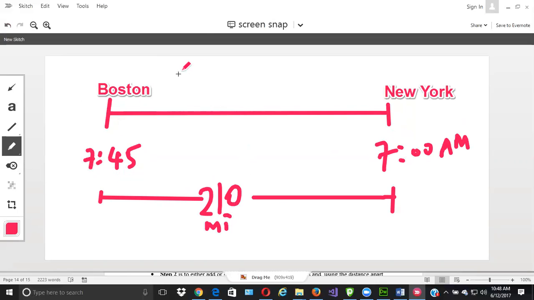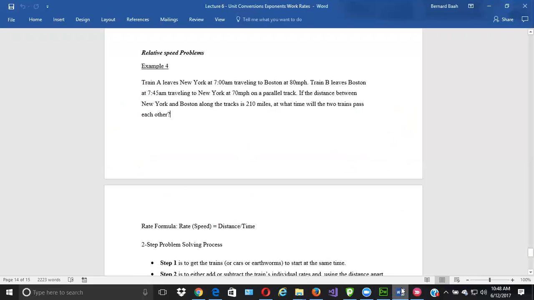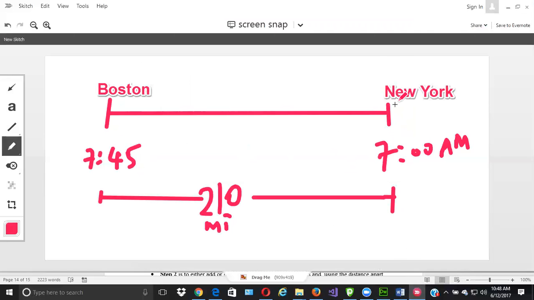The one that leaves New York is traveling at 80 miles per hour, so I'll put that speed down, and the other speed is 70 miles per hour. So the one leaving New York is traveling at 80 miles per hour, and the one leaving Boston is traveling at 70 miles per hour. So put that down as well.